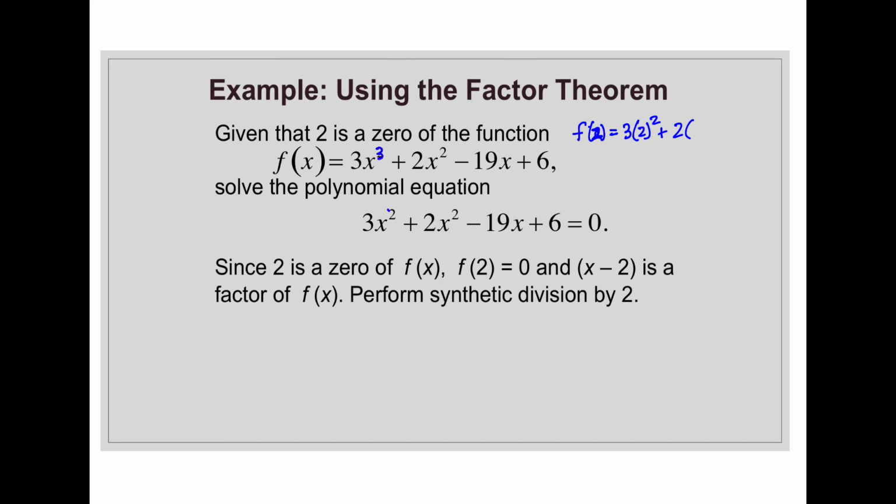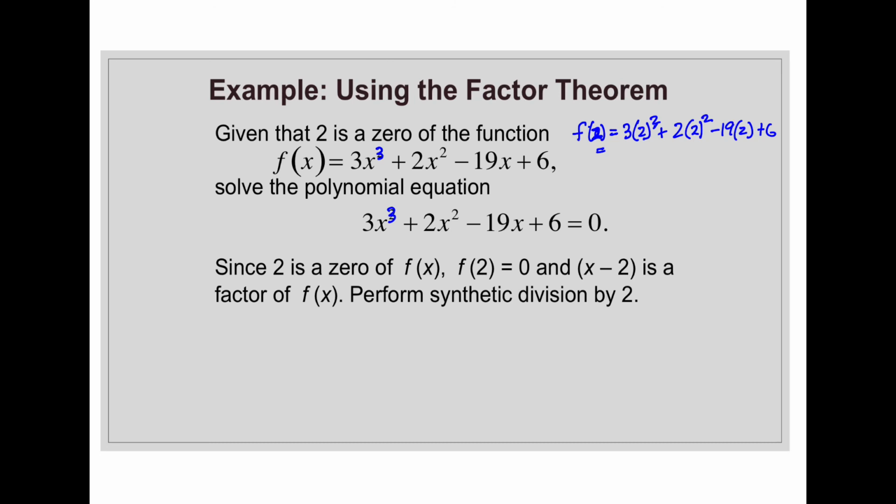Something's off here with their slide. I found this a few times. That should be a third. So that's to the third power plus 2 x squared, so 2 times 2 squared, minus 19 times 2 plus 6. Okay, well, let's see if we simplify this out, if it really works out.